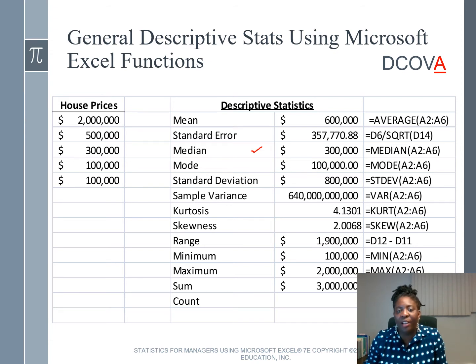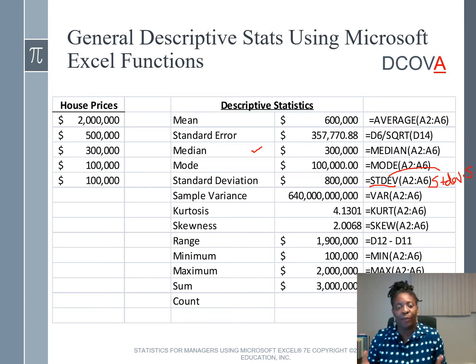Standard deviation. Now, back in the day, it used to be STDEV when you're calculating the standard deviation for a sample. Now, for a sample, you use STDEV.S. It's clearer, right? Because it shows you that there are 2 different kinds of standard deviations that you can calculate: one for a sample and one for a population.